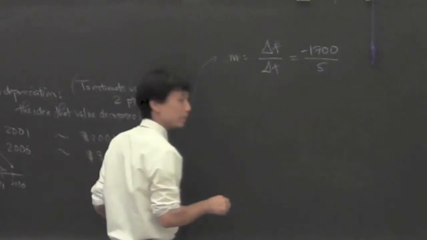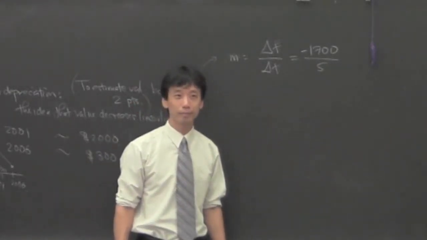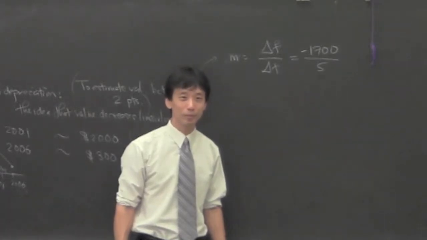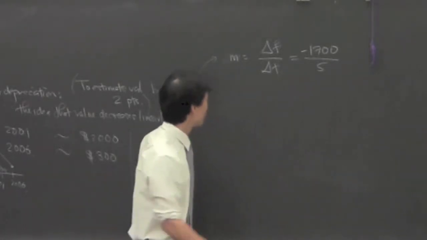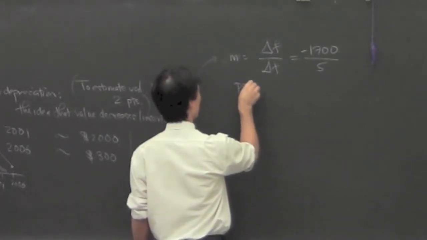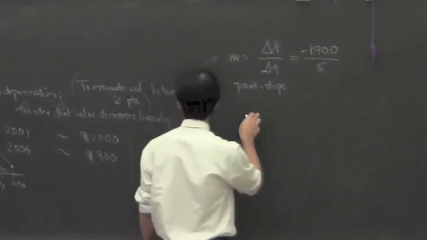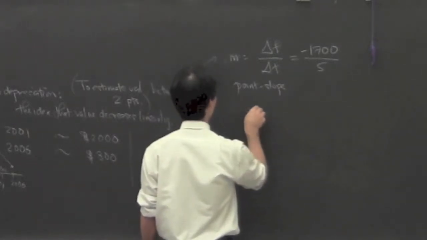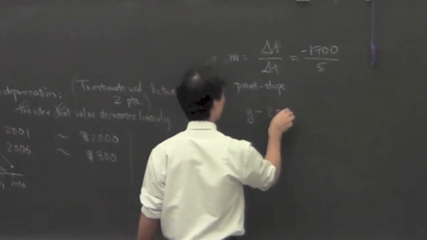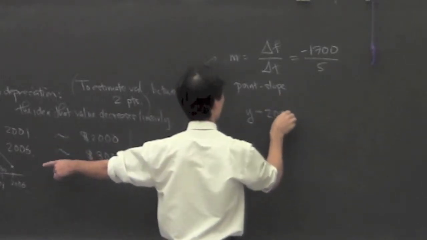And then how do we figure out the line itself? Tiffany? Okay, so we can use the point-slope formula. That's probably the easiest since we already have the slope and we have 2 points. So we figured out y minus y naught, which is 2000.